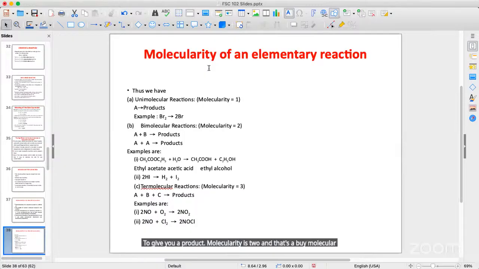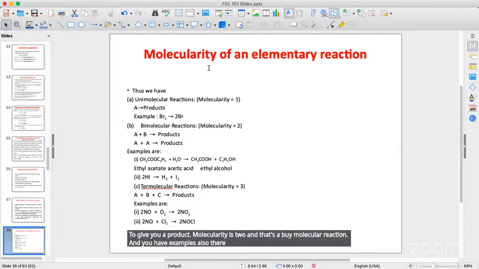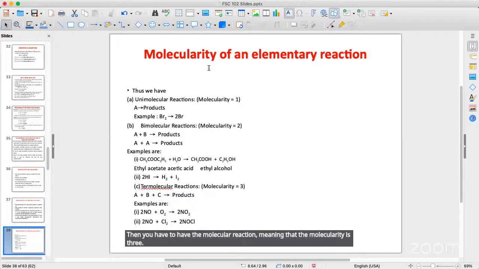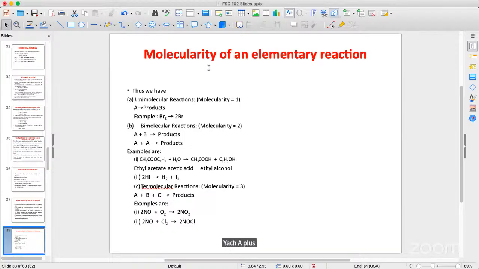And you have examples also there. Then you have a termolecular reaction, meaning that the molecularity is 3. You can have A plus B plus C, or 2A plus B. The most important thing is that the number of molecules must be 3.